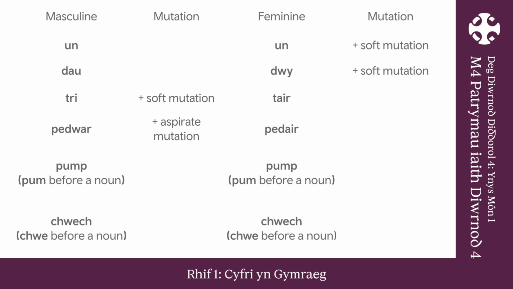If the word is singular, then it is a little more difficult because you need to know if the noun is masculine or feminine. For example, ci, masculine, cath, feminine. Then you use the following.